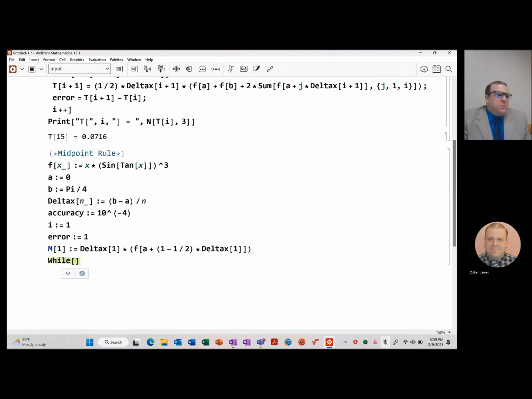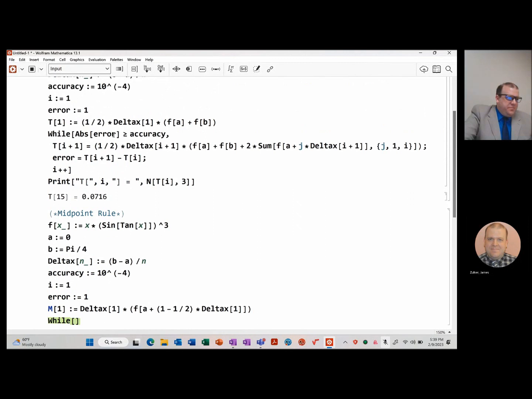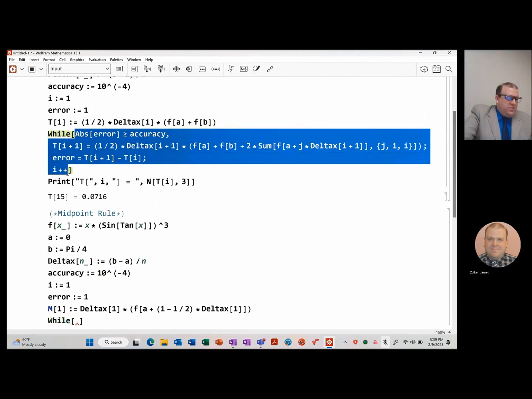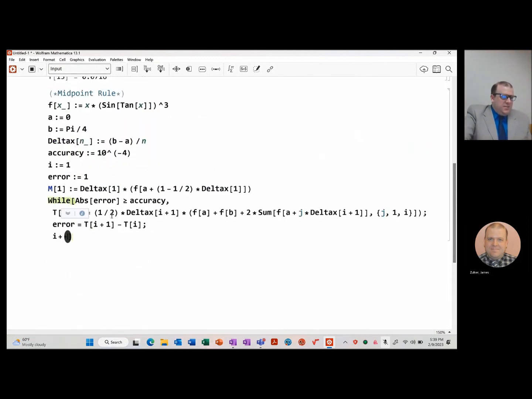It's going to be another while loop. In fact, most of the body is going to be the same.